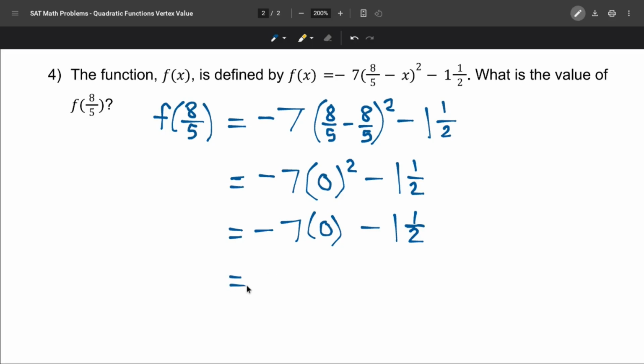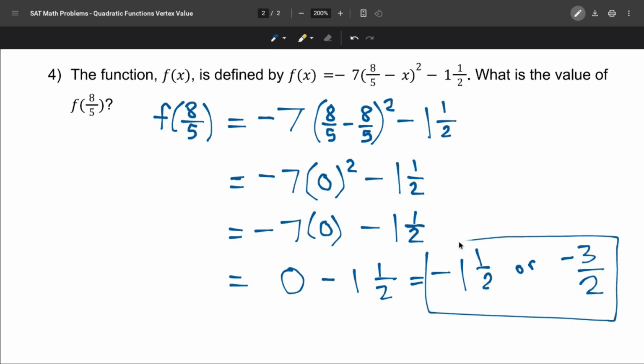Okay, -7 times 0 is just 0, minus 1 1/2. So my solution here is -1 1/2 or -3/2 or -1.5. Okay. All right, that's all there is to it.